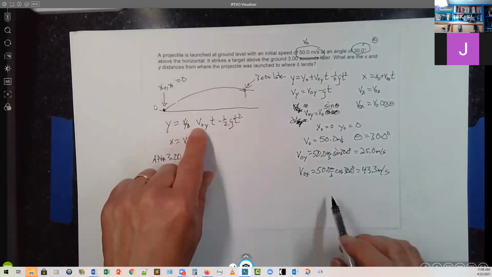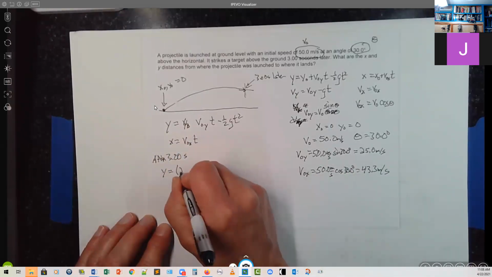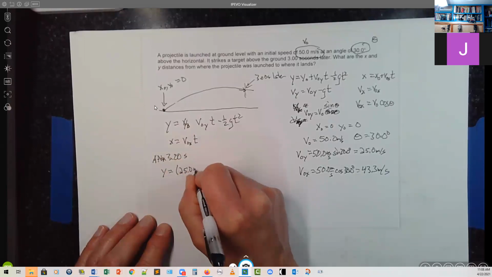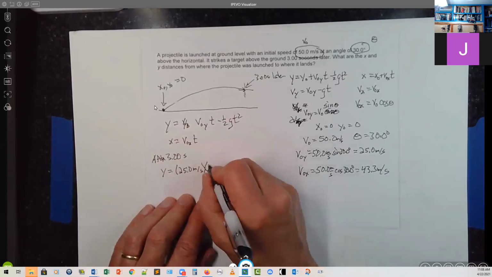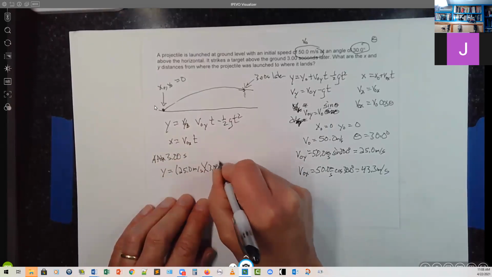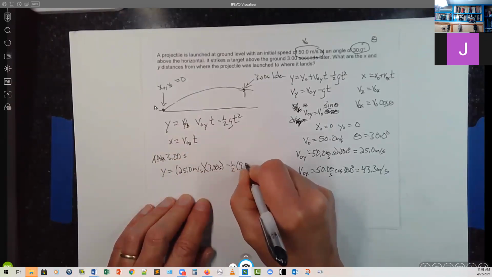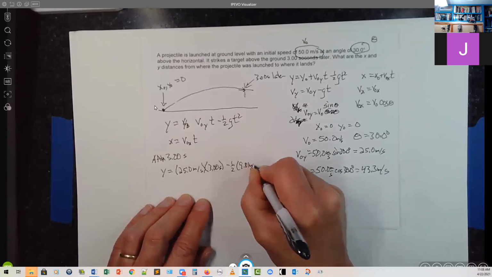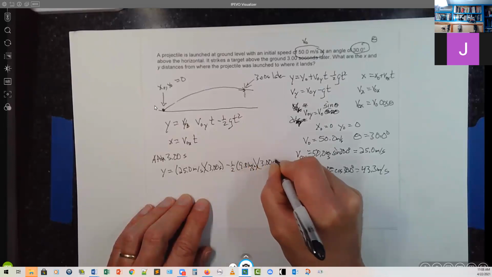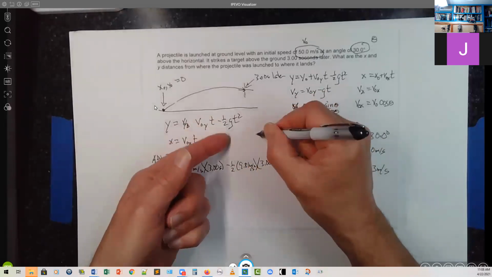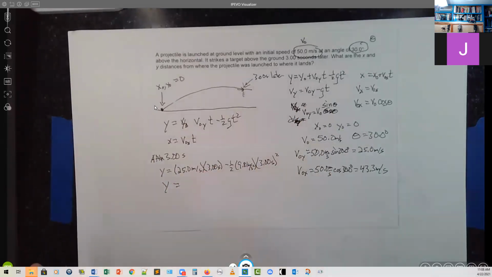V naught y is 25.0 meters per second, and for t, I'm putting in 3.00 seconds, minus 1/2 times 9.81 meters per second squared times 3.00 seconds squared. I just translated this into numbers. And so after 3 seconds, this is going to be the value of y.